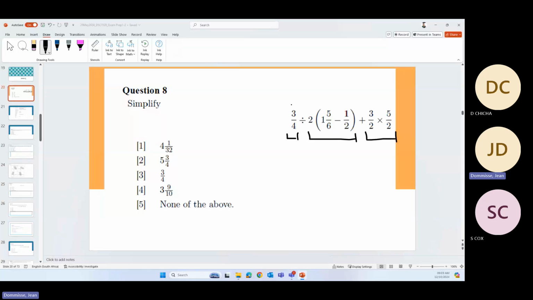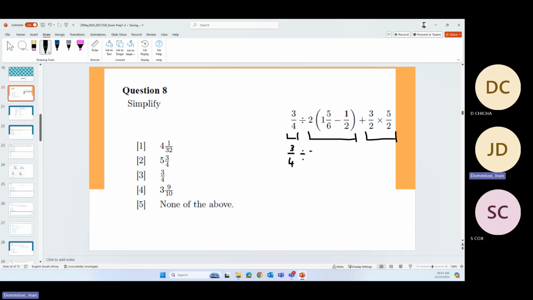So first, I would focus on getting everything into one fraction. This 3 over 4 stays the same. Not going to do anything about it now. So let's see what is happening within this fraction. You can do a few things.